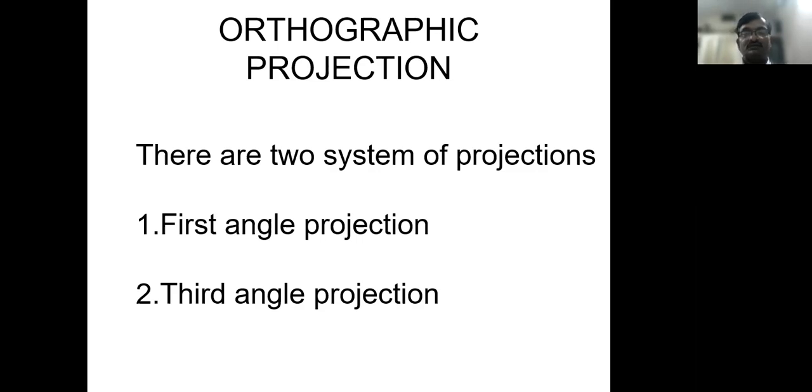So in this class, I explained what orthographic projection is and how views are formed. There are three views formed in orthographic projection: the front view, the side view and the top view.